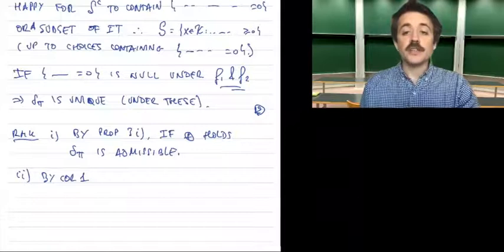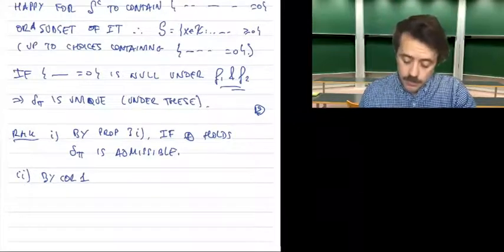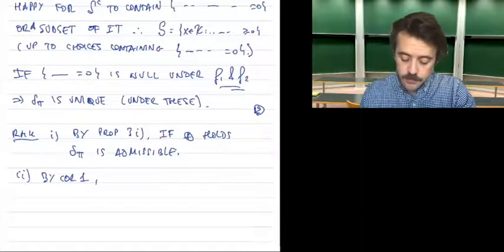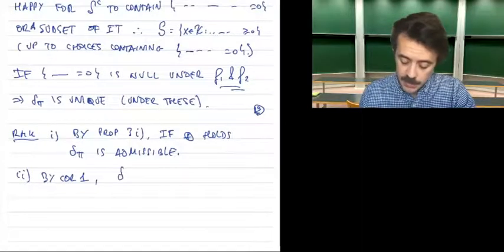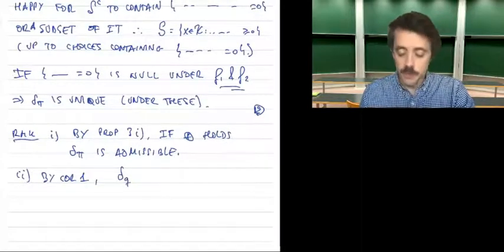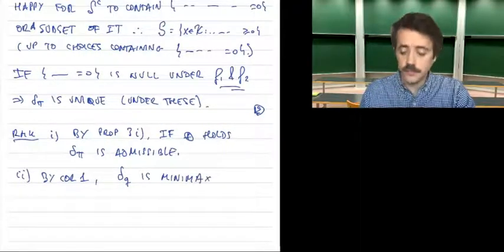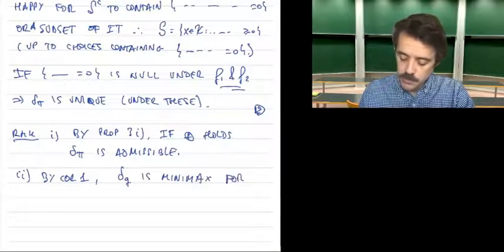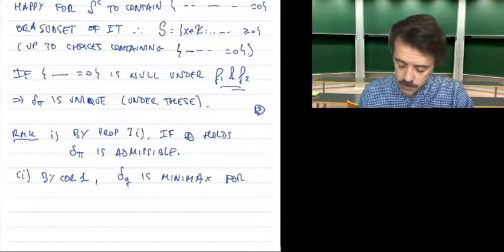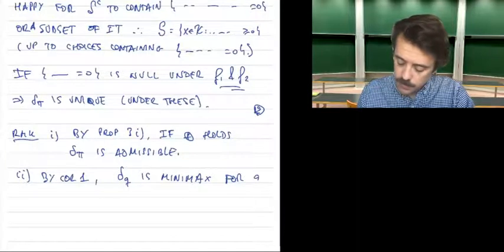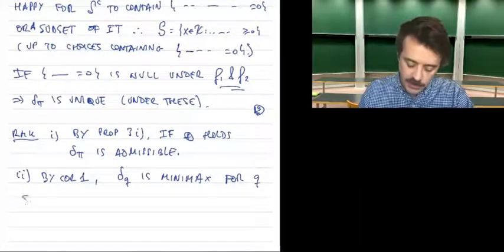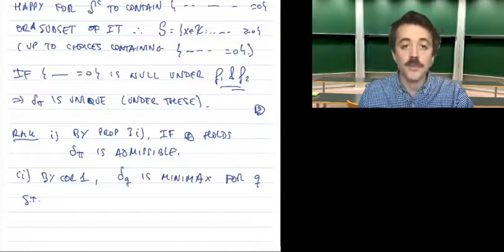Yeah. Okay, so by corollary 1, this delta Q will be minimax for Q star, okay, for Q such that you get what I was saying.